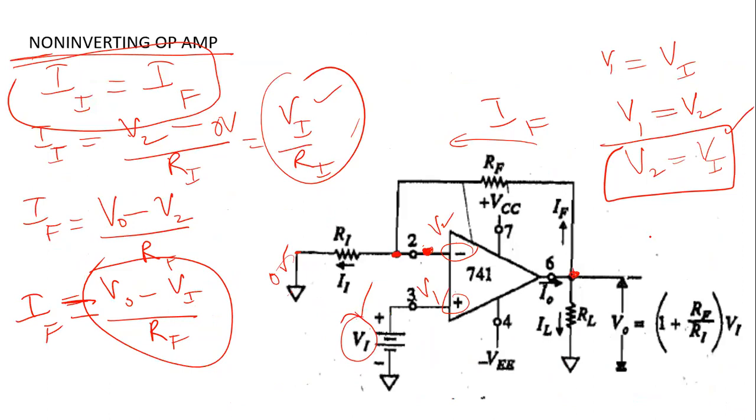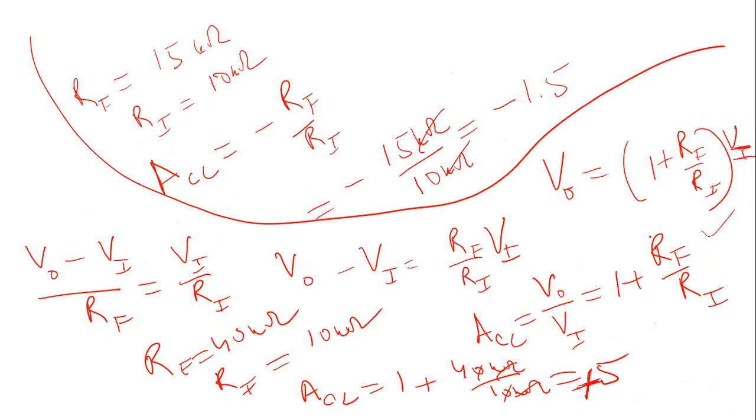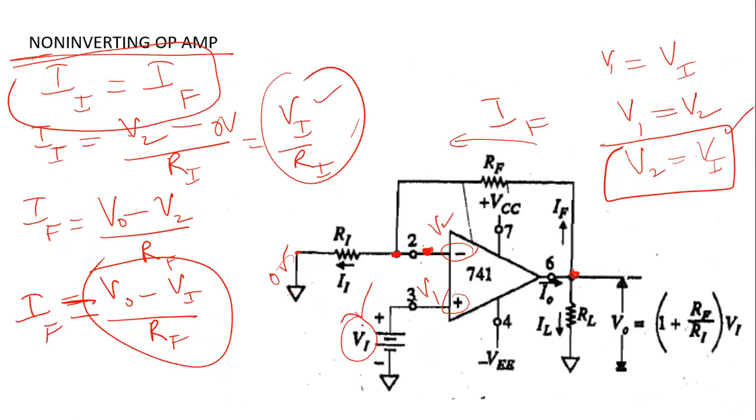In the non-inverting case, the gain is always positive. If you supply a positive input signal, the output is also positive. If you supply a negative input signal, the output voltage V naught is also negative.